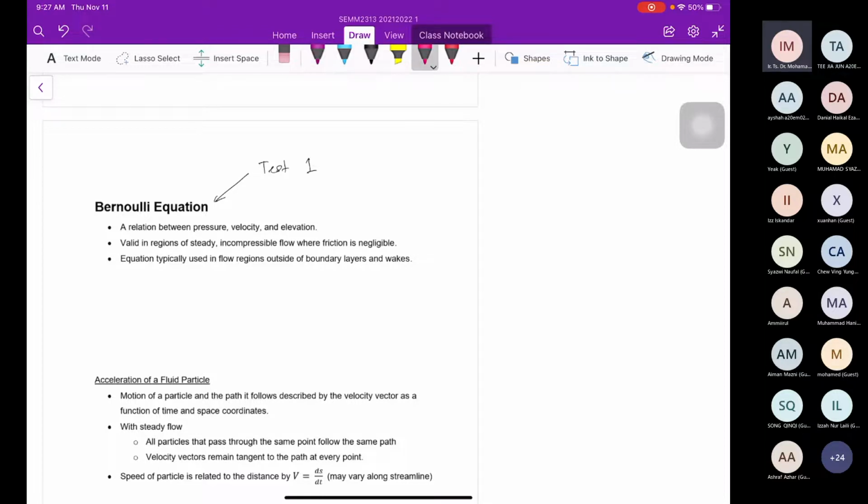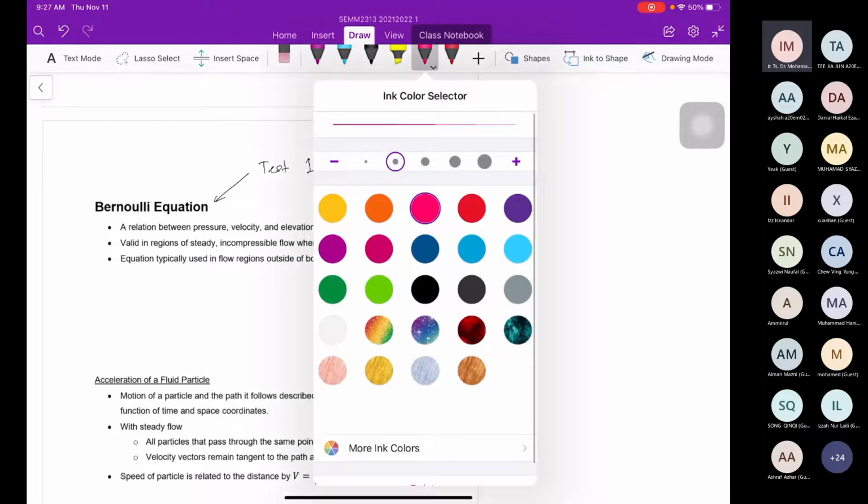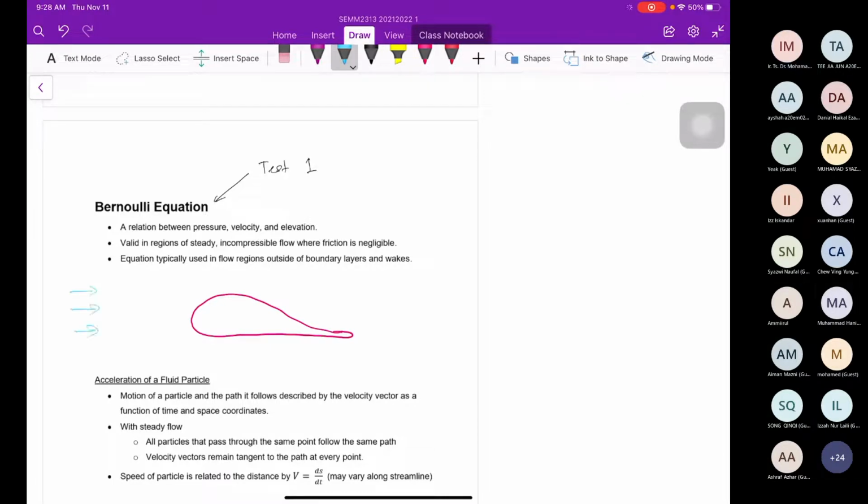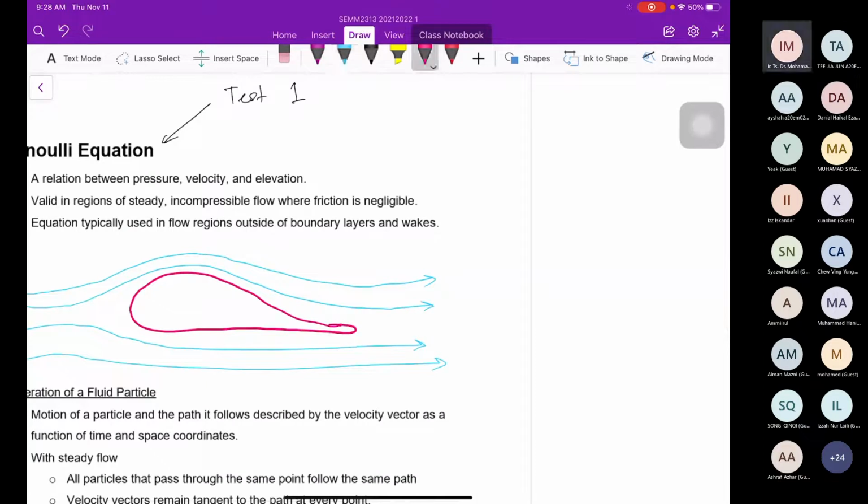This is an aerofoil. Example, this is an aerofoil. And then we have the flow. So this is the flow streamline. Inside this flow, we have what we call a boundary layer.